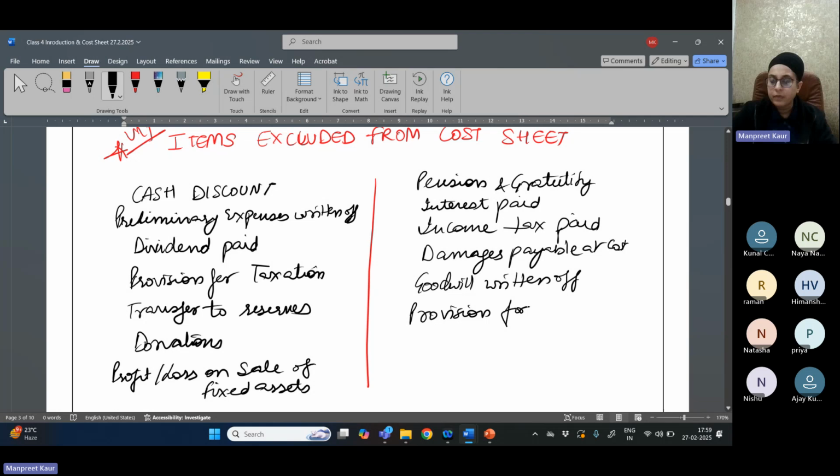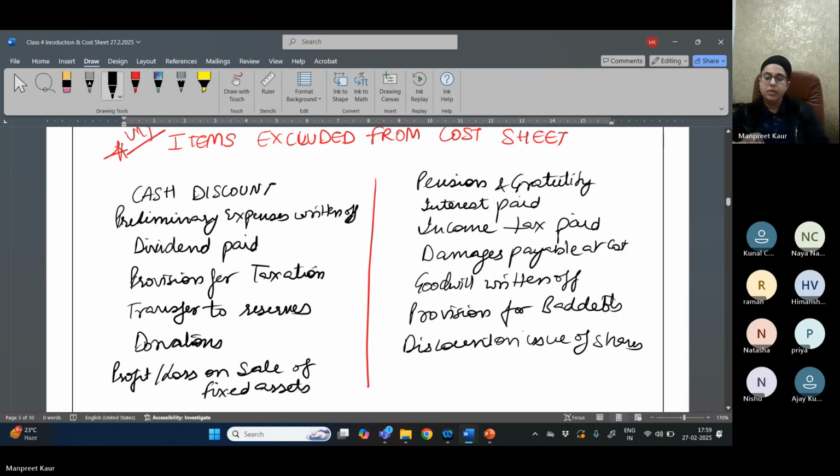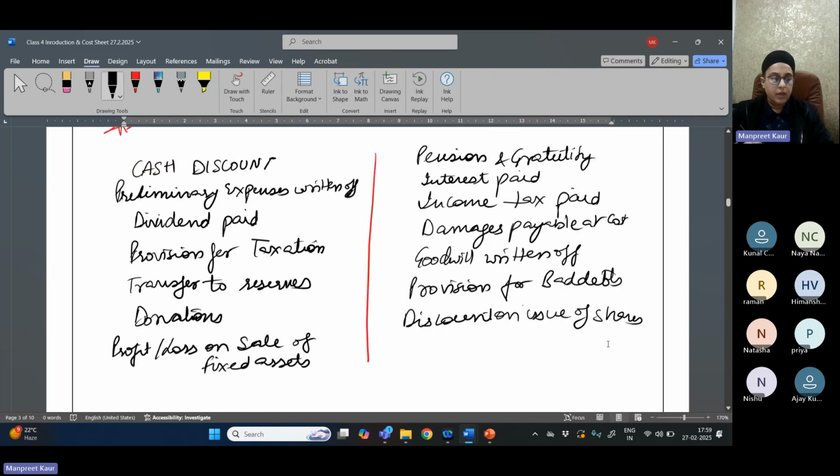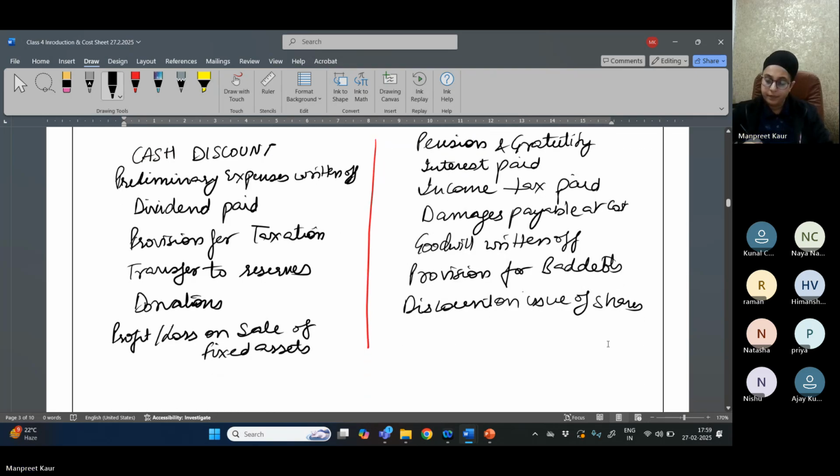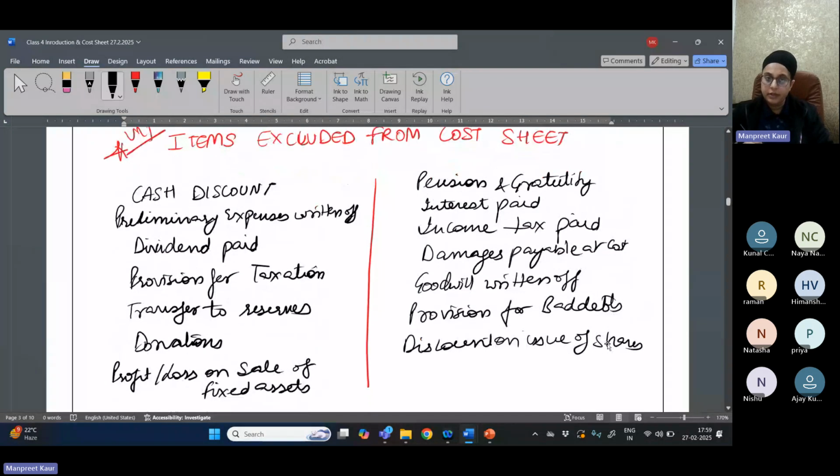Provision for bad debts. And last is discount on issue of shares. These are the items we exclude from the cost sheet. Okay. Next, have a look at these items, and we will now start with questions on the cost sheet.